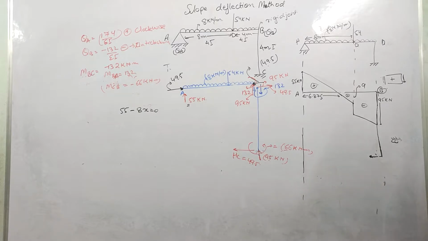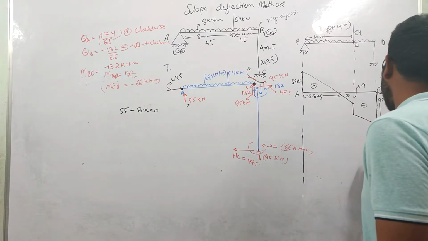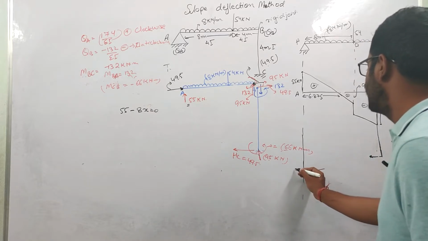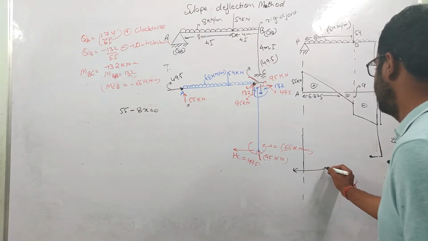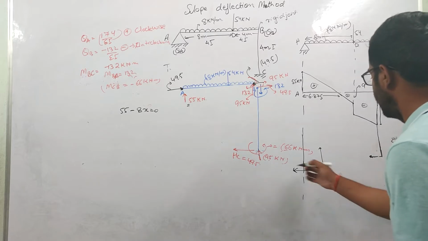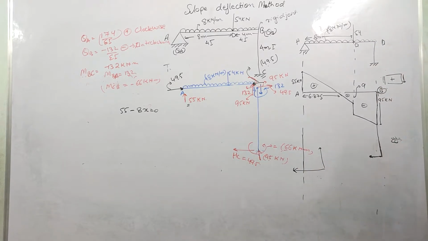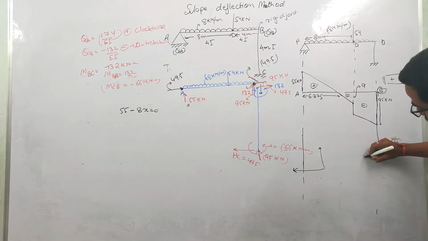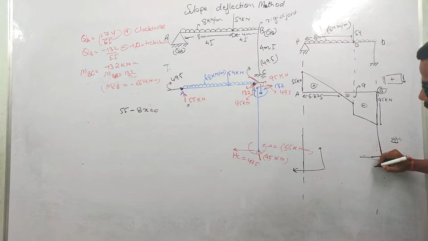If this is the positive axis, I can start the shear force from here, and the value will be what? You can say that this value is nothing but 49.5.